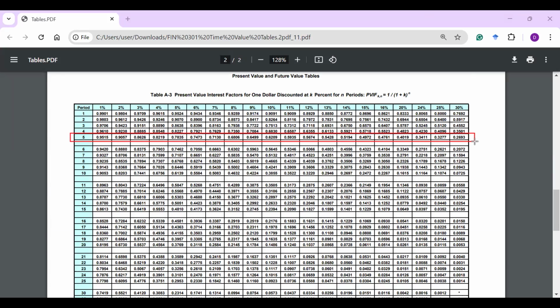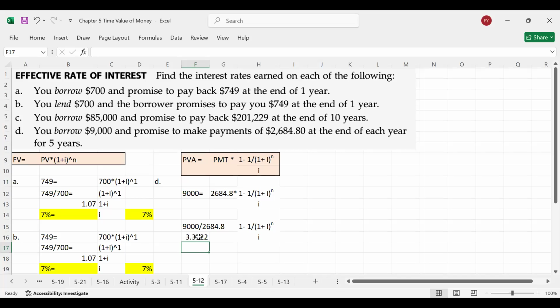And we are going to find out the interest rate. We have calculated the factor. The factor was, you can check it again, 3.3522. So we will check this factor on the table.